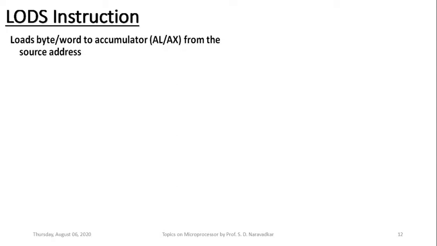So these two variations we will now see in detail. First of all, LODSB, load string byte. As we know, a byte is to be loaded, which means the accumulator AL will be loaded with a byte, and this byte will come from the source address, which will always be from the data segment, and the offset is given by the source index register, shown on the right side.